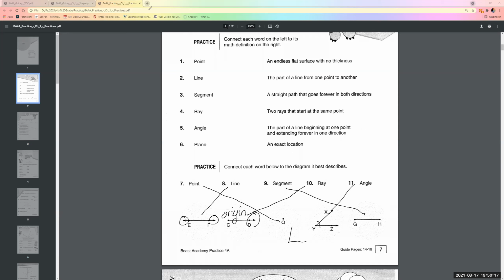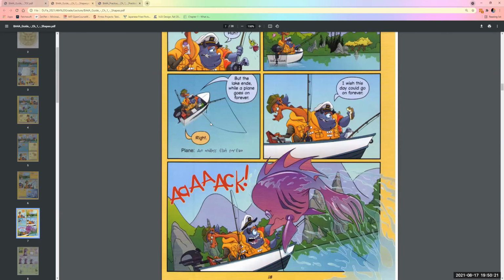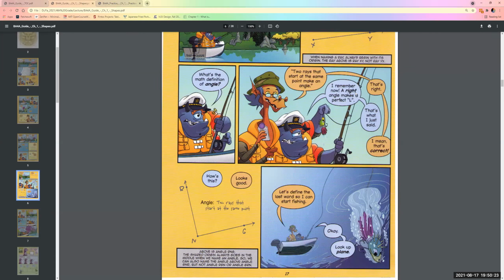Let me go back here. He talks about a right angle making a perfect L. And so this right here would be a right angle. And usually people denote it with a square right here.